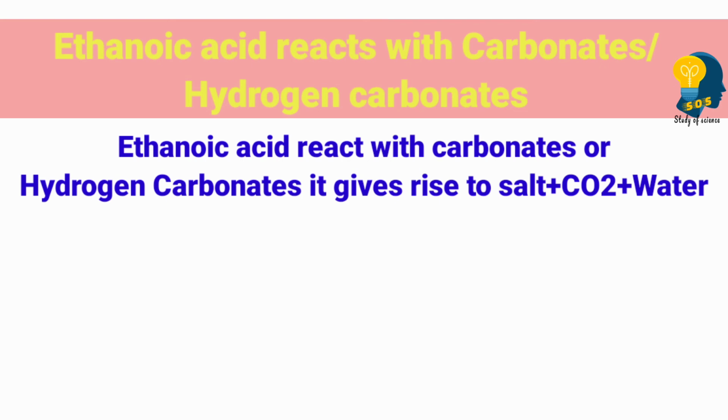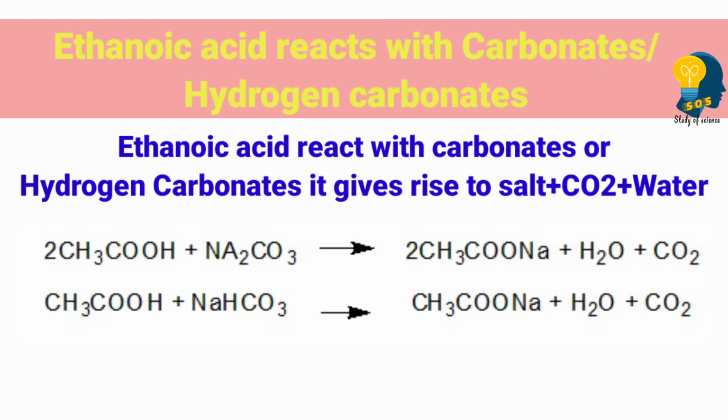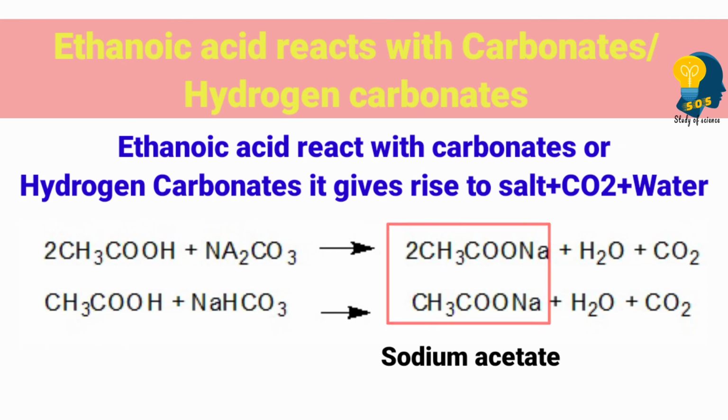Students, if ethanoic acid reacts with carbonates and hydrogen carbonates, it gives rise to salt, carbon dioxide and water. And here the salt which is produced is commonly known as sodium acetate.